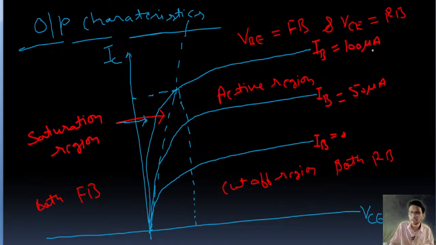My apologies, it's 100 microampere, 50 microampere, and this is 0. This is the output characteristics of common emitter configuration, and this part is the saturated region, guys.